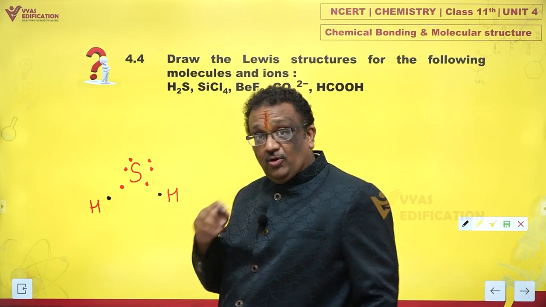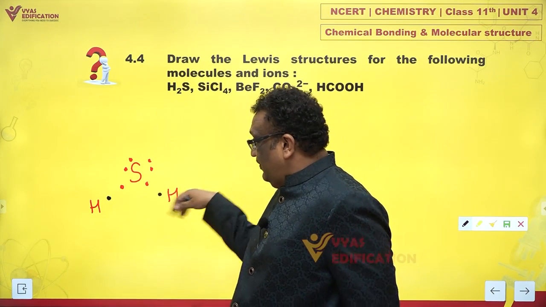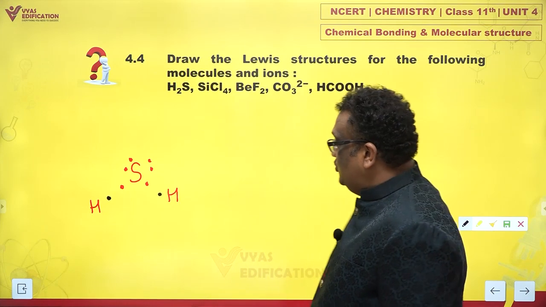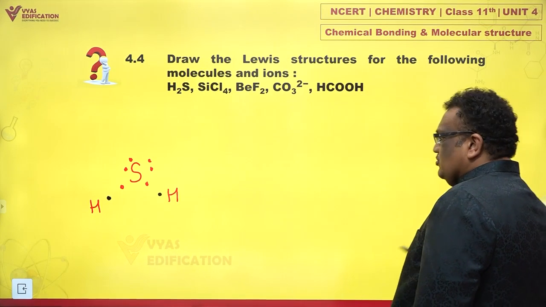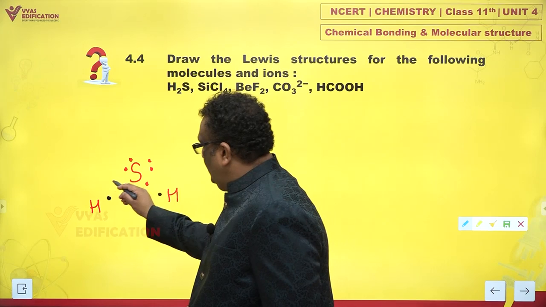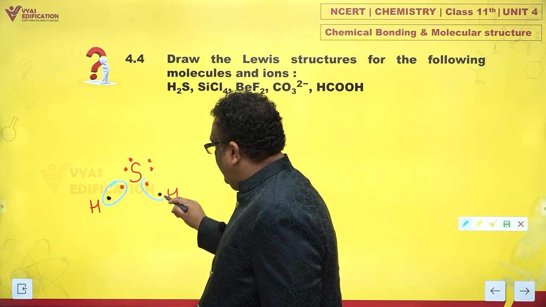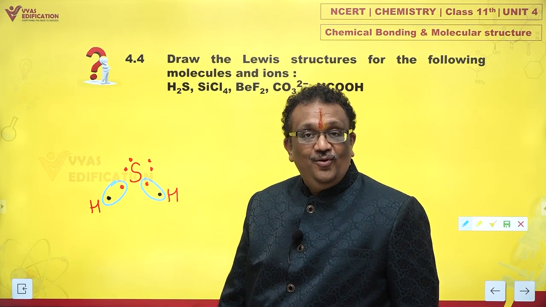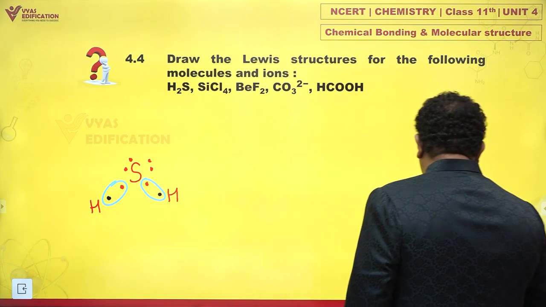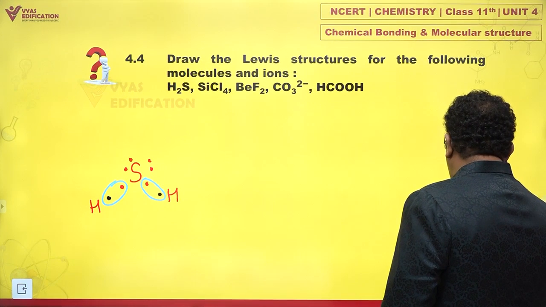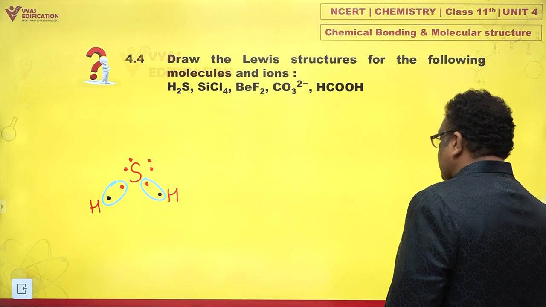Sometimes people show it by cross. Since I have the facility to change color, I'm just using a different color, which is also quite okay. And 2 electrons are being shared. So what do we get? You get H2S like this. Is it the Lewis dot structure? Yes, it is.